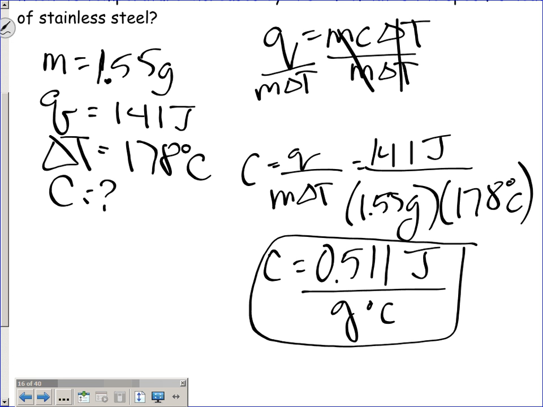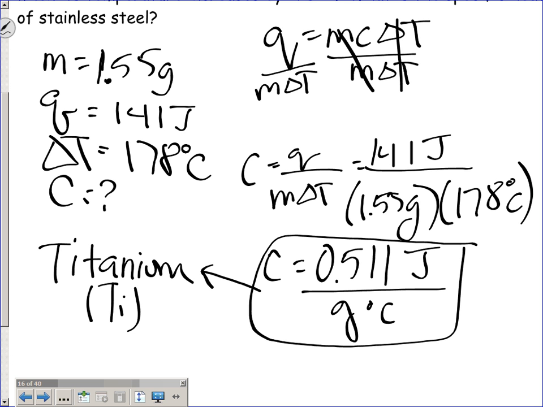Look on the metals, which are on the upper left-hand side. If you had to identify a metal that was close to that specific heat, what would it be? You see the table with the metals and specific heats? Titanium? That's what I would guess, because that's the only thing I have close enough.